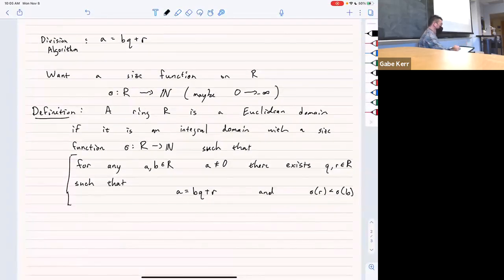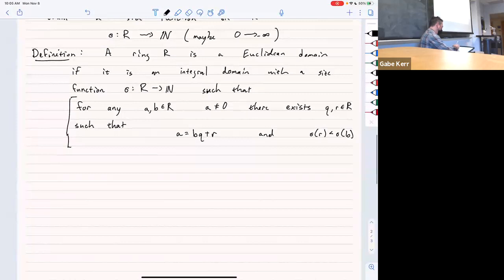And so a natural question to ask, and the content of this next proposition, is what are other examples of Euclidean domains? It's not a great idea to put a new abstract concept in if you don't have any examples.